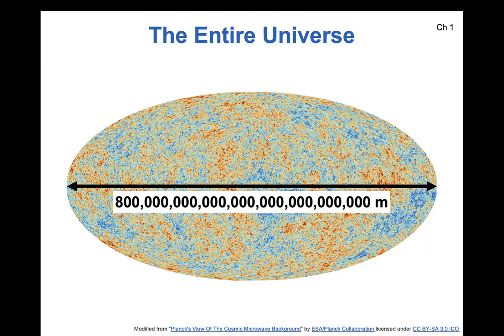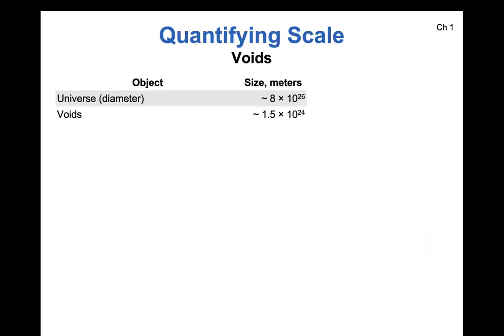Cosmology is the study of the cosmos as a whole. So it's the science that approaches questions like, where did the universe come from? Does it have an edge? What was the Big Bang? Things like that.